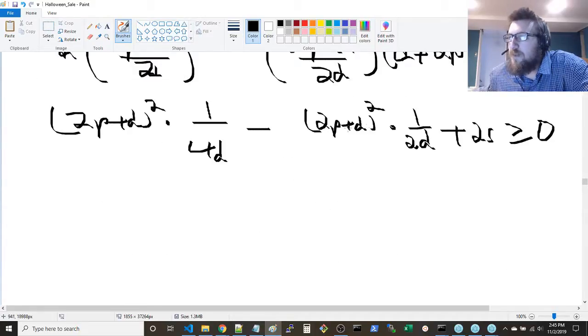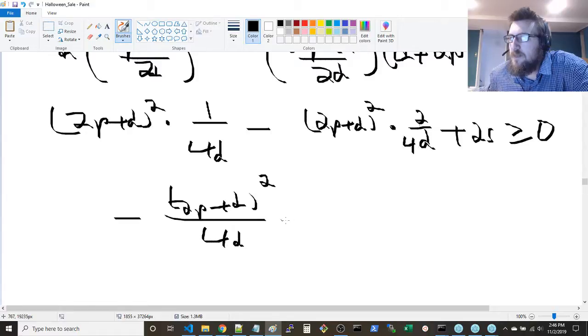Which actually these combine kind of nicely. This is 2 over 4d, right? Which then gives us negative (2p plus d) squared over 4d plus 2s is greater than or equal to 0.